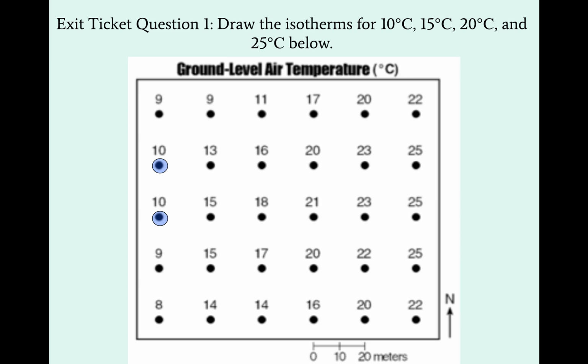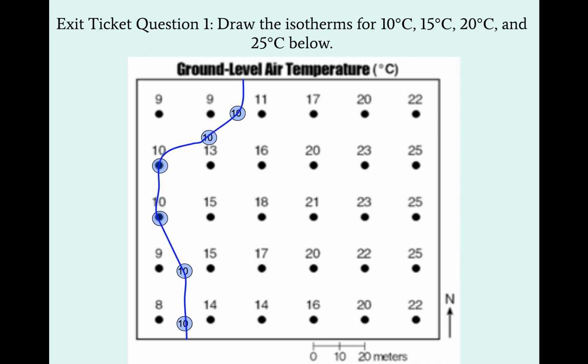So for example, between 9 and 11, there is a 10. Between 9 and 13, there is a 10. Between 9 and 15, the number 10 exists. And between 8 and 14, the number 10 exists. So go ahead and put down those tens as well.